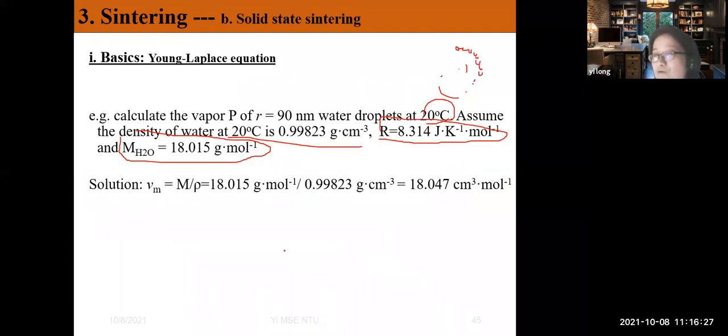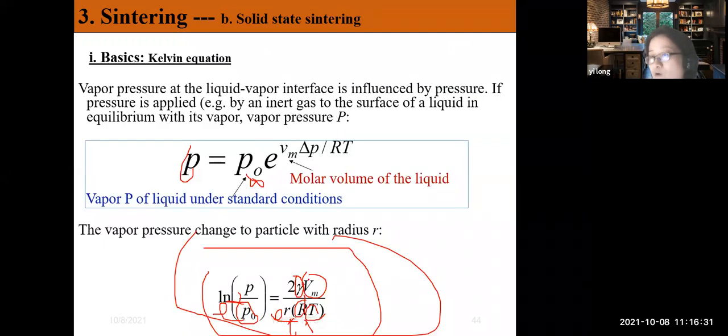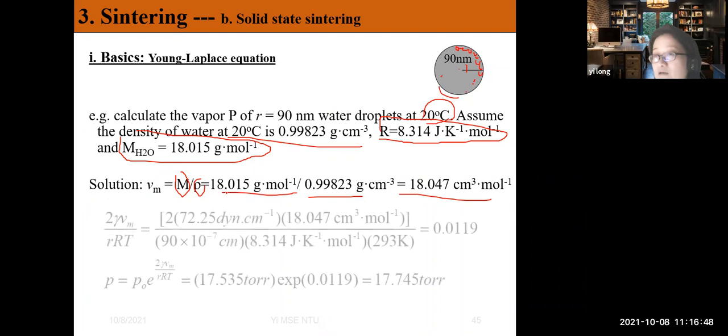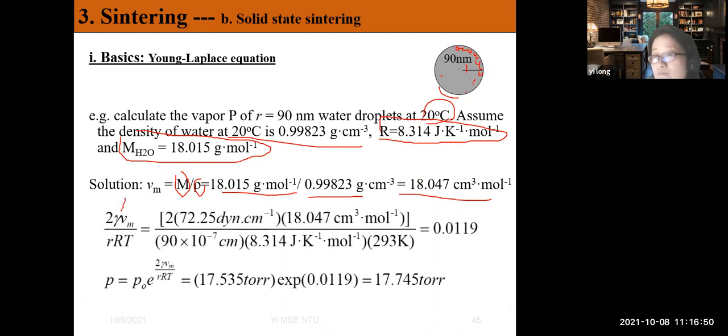From this equation we need to calculate the molar volume. Molar volume equals molar weight divided by the density, right? Weight divided by density equals volume. Then this is the surface tension, a constant.